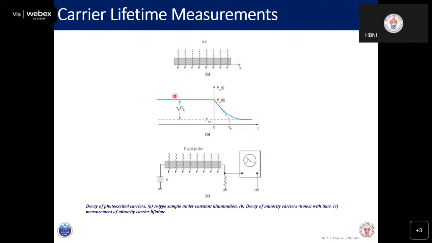You apply a voltage and try to measure the current. When there was no illumination, because there are no carriers in the conduction band, there will not be any current.